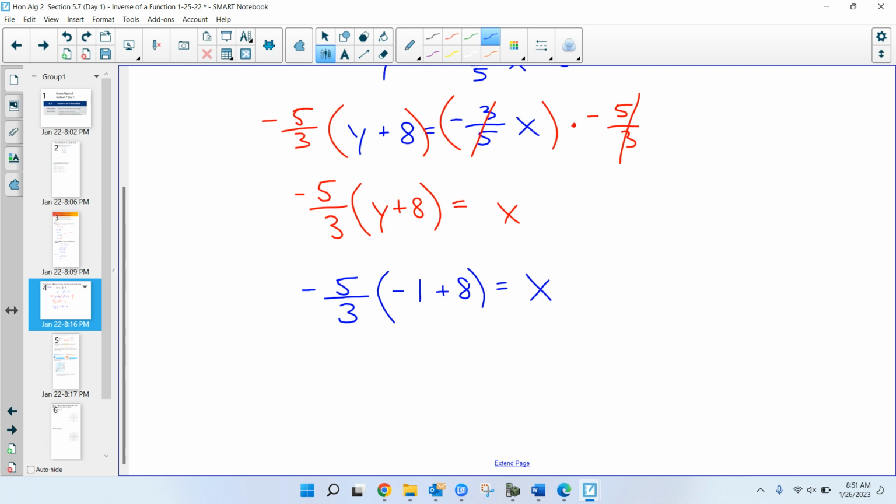Do you see how that helps you avoid some fractions? Like if I had negative 5/3 y minus 40/3, well, it was 1, so it's not going to change the denominator in this problem, but sometimes those fractions might be more challenging to add. Versus now, if I do order of operations, I have 7 times negative 5/3 is negative 35/3.